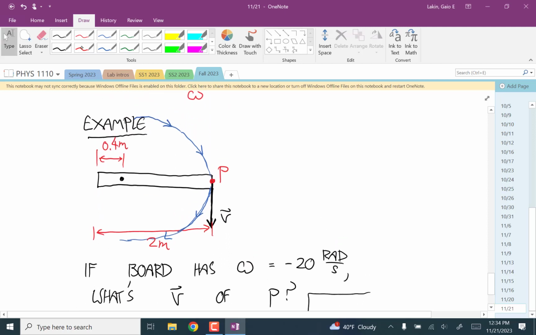Let's just think about another point for a second. What if I did the velocity here? I was saying that the velocity of every point on this body is different.